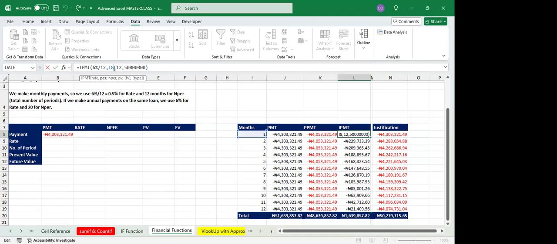The actual period, that's 1. And this is my NPER, which is the duration of the loan, and that is 12. And my principal is 50 million. Okay, this is correct. So if I come to this place, this will be I9, which is the second month. Yes, that's correct.